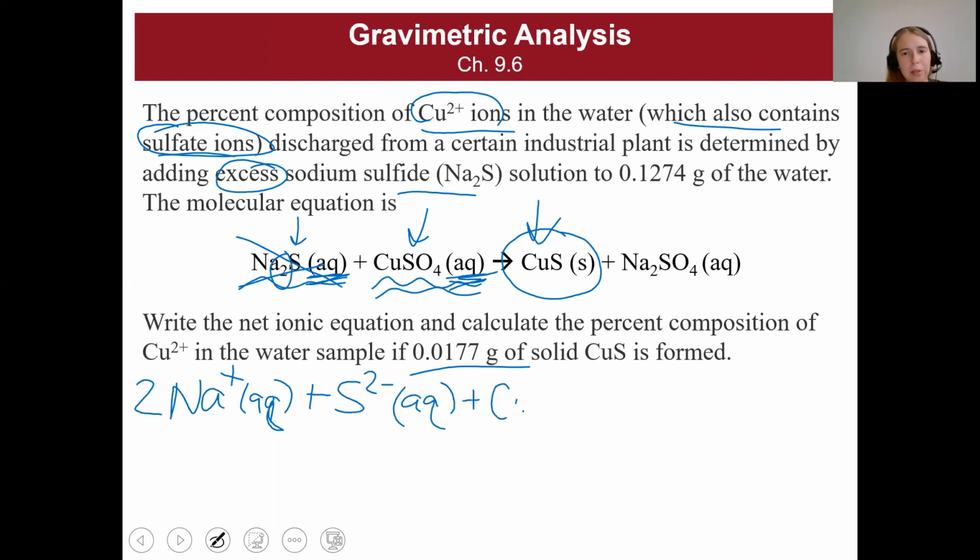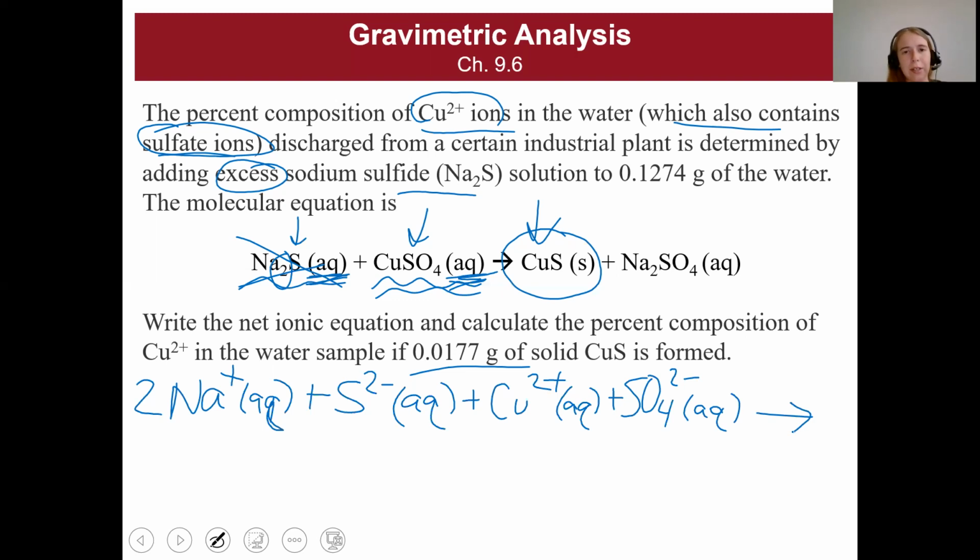Then our copper is 2+, and it's aqueous. And our sulfate is 2-, and it's aqueous. So those are our reactants.